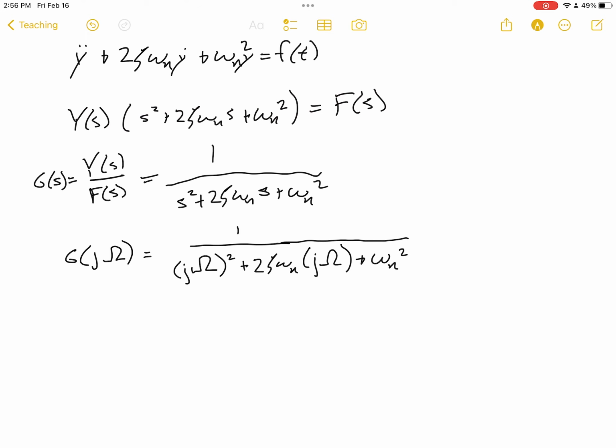And so let's rewrite this. We have 1 over, so j omega squared is just minus omega squared. I'll take this omega n squared and add it right there, plus 2 zeta omega n omega j.